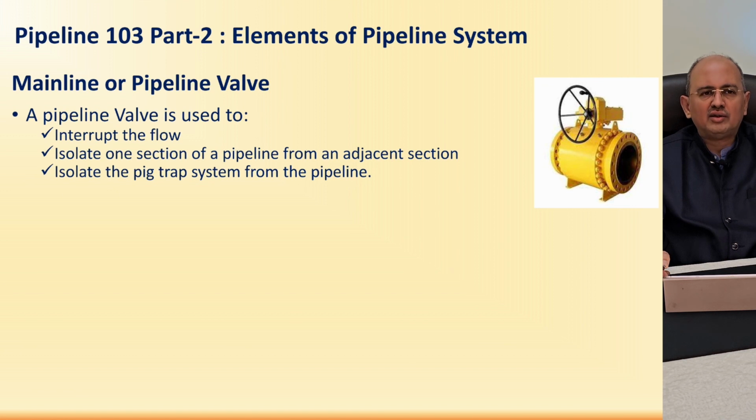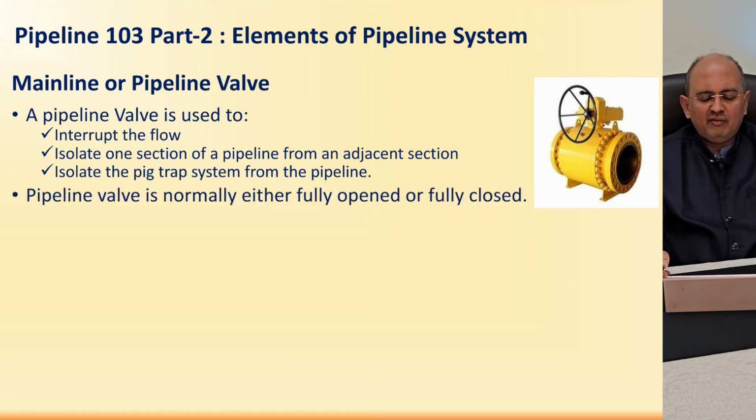The pipeline valve is normally either fully open or fully closed, except the bypass valve and kicker valve, which sometimes can be partly opened and closed. But they are not the mainline valves. They are not going to negotiate the pig. Wherever the pig passage is involved, the mainline valve will be either fully open or fully closed.